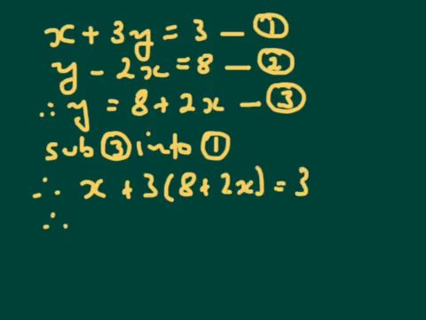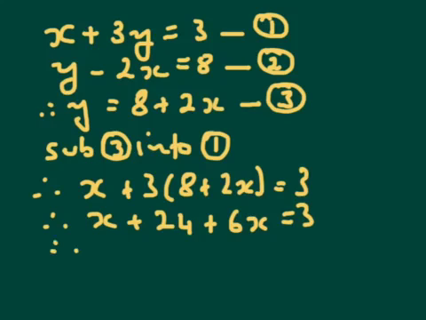Okay, therefore let's get rid of the brackets. 24 plus 6x equals 3. Collecting like terms we get 7x, and subtracting 24 from both sides we get negative 21. Therefore x equals negative 3.